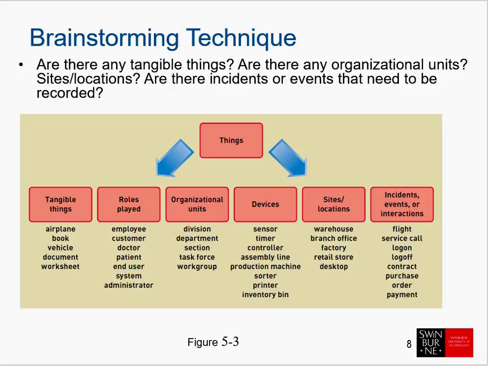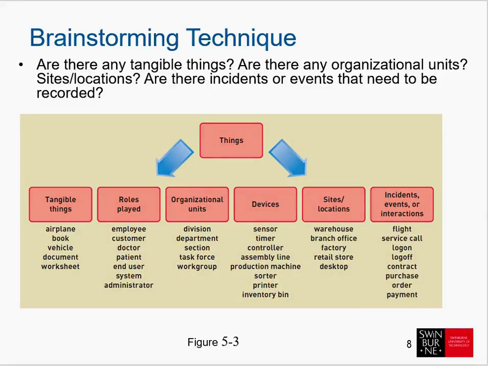So for that one use case, the business analyst can define tangible things like the item ordered, a role played like a customer, an incident or event like a sale, a site or location like a warehouse, and an organizational unit like shipping, right? So these are the things that you need to consider when you're trying to brainstorm the things.